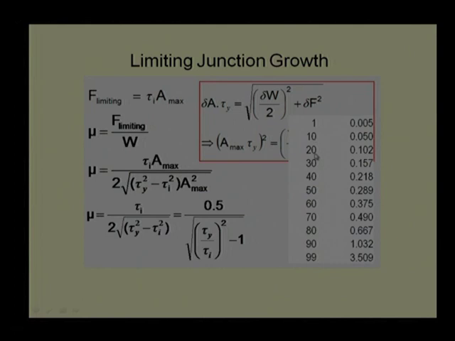We further increase to 20%. What do we get? It is almost double: from 10% to 20%, the coefficient almost doubles, from 0.05 to 0.1. Similarly, we can do more iterations and come to the result. When it is 99%, that is, the interface shear strength is 99% of the bulk shear strength of the soft material, the coefficient of friction is predicted as 3.5, and this is very close to what we got from experiments.